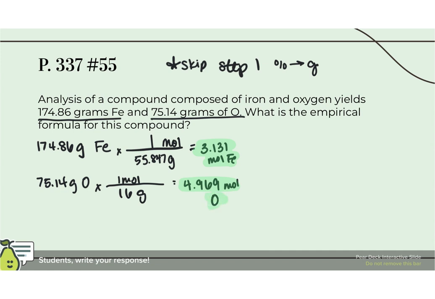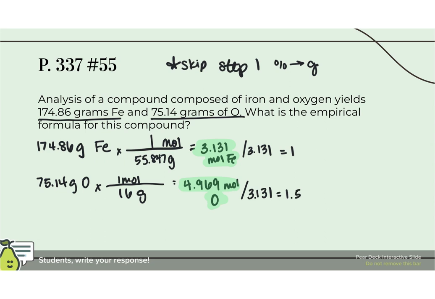I'm looking at these answers, choosing the lowest of them, and dividing each by the lowest. My moles of iron are 3.131, the lowest answer. So I divide this by 3.131, and I do the same thing down here. I divide by the smallest. This is 1, and this is 1.5.